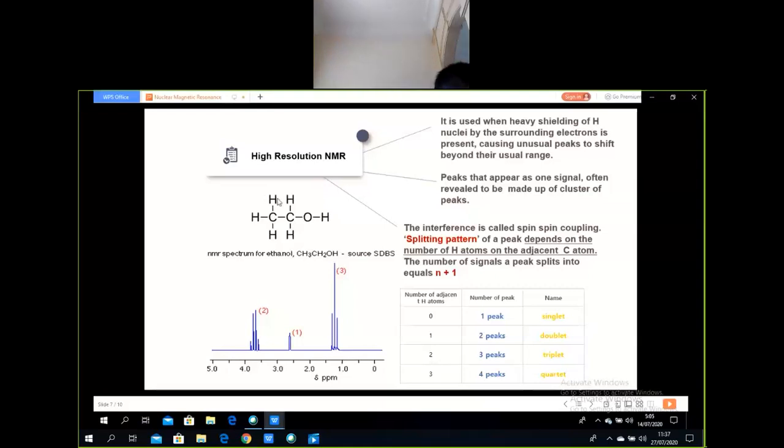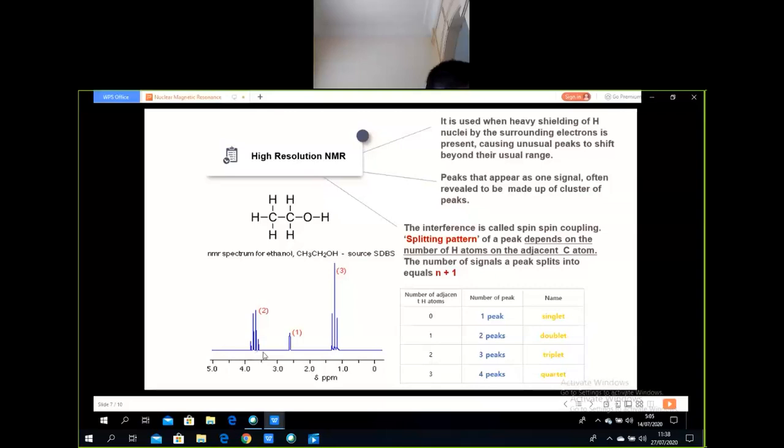But the hydrogen atoms in this group are in the same environment. And this one is these 2 hydrogen atoms. This is also in one environment. That's why there is a splitting into 1, 2, 3, 4. This one also splits again.